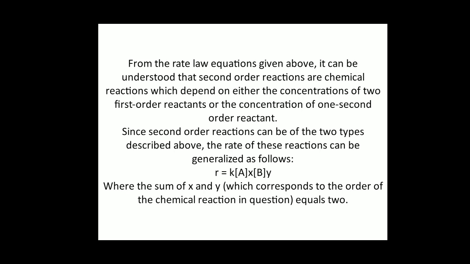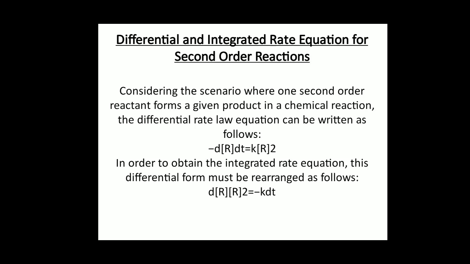Since second order reactions can be of the two types described above, the rate of this reaction can be generalized as R proportional to [A]^x [B]^y, where the sum of x and y, which corresponds to the order of the chemical reaction, is equal to 2.